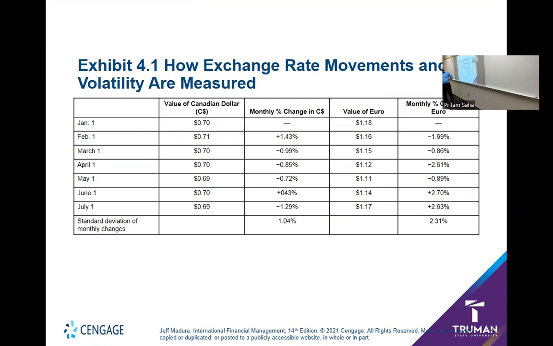So the value of the Canadian dollar, right? 1 Canadian dollar, let's say on January 1 was 70 cents. 1 Canadian dollar on February 1, 71 cents, right? So what do you think? Appreciated US dollar or depreciated US dollar?